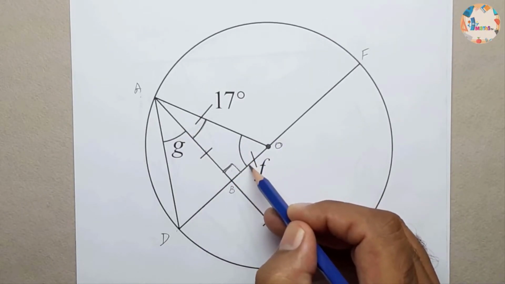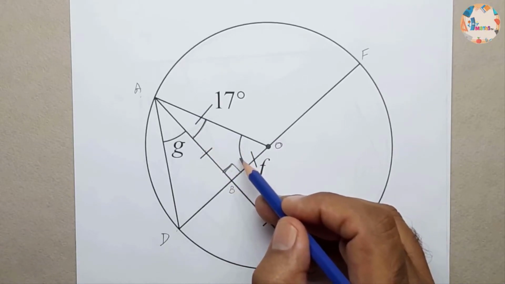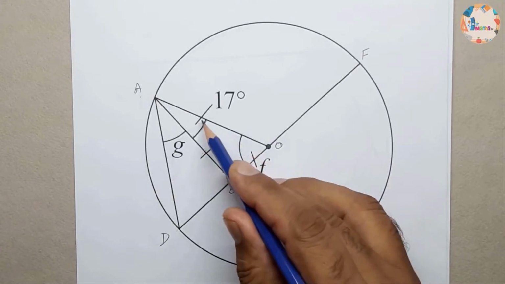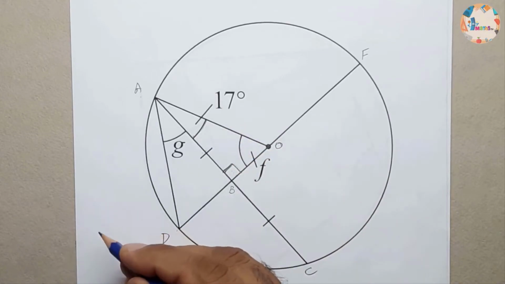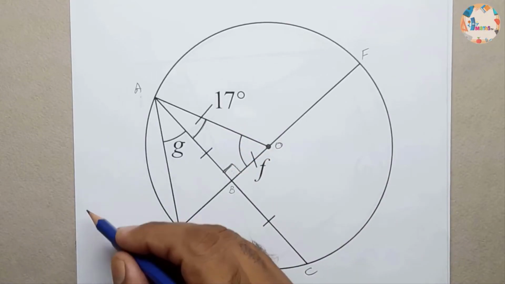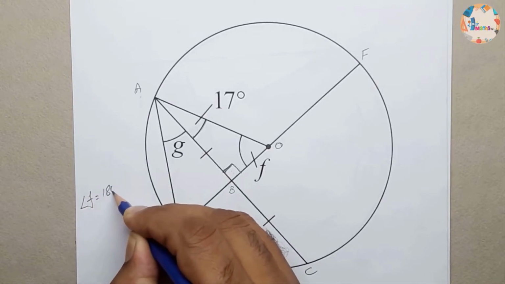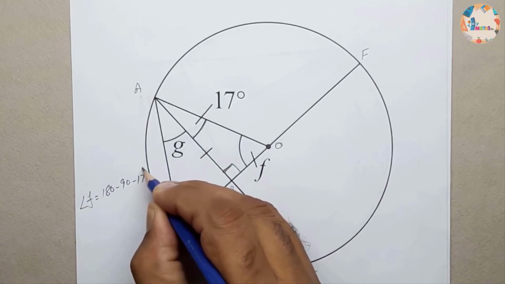The remaining angle we can find, because the interior angles of a triangle add up to 180 degrees. So F is 180 minus 90 minus 17.